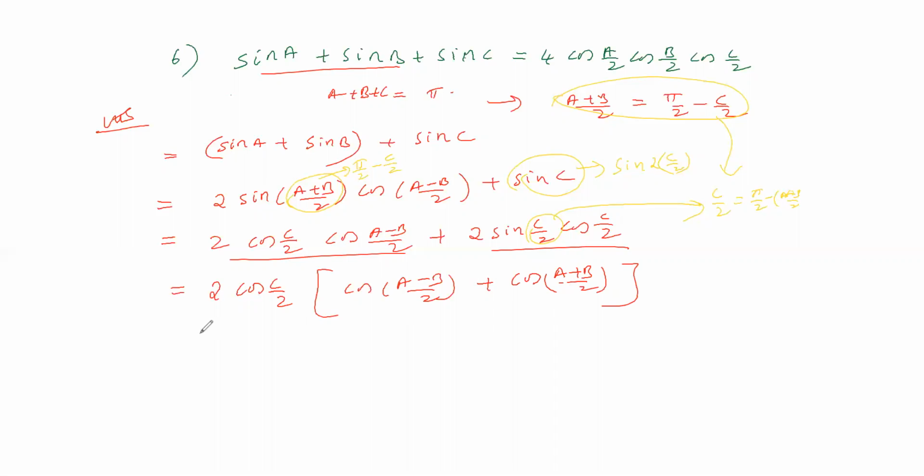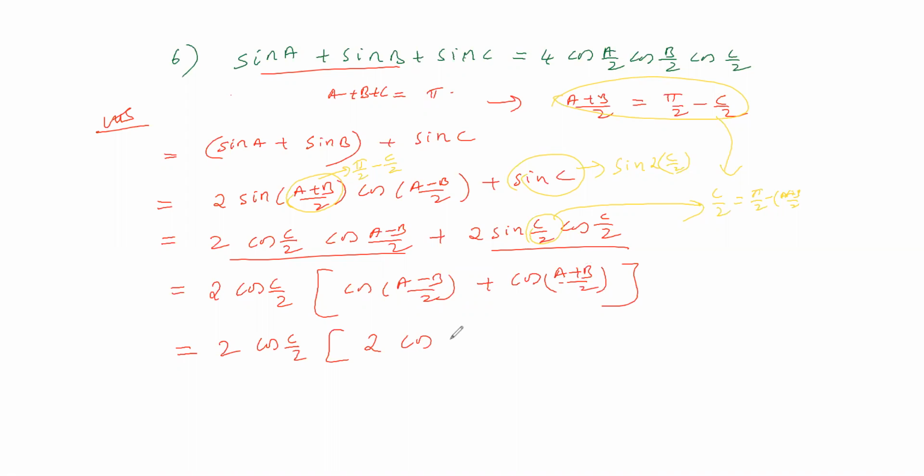Now what is this formula? Cos x plus cos y is 2 cos (x plus y) by 2 cos (x minus y) by 2. So in 2 cos (x plus y) by 2, b by 2 and b by 2 cancel, leaving a by 2.